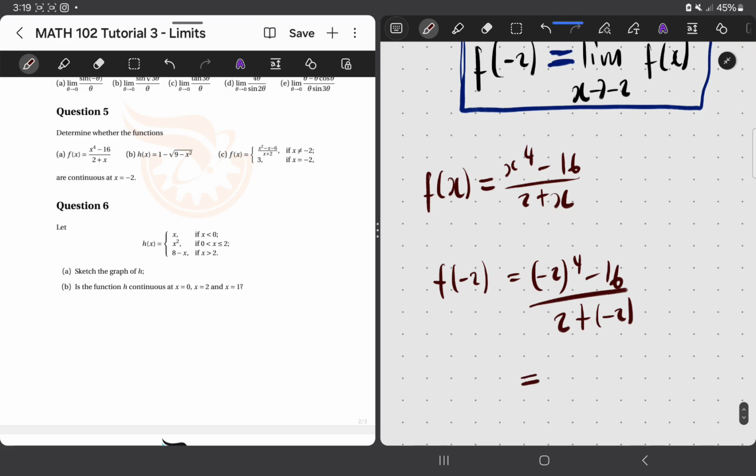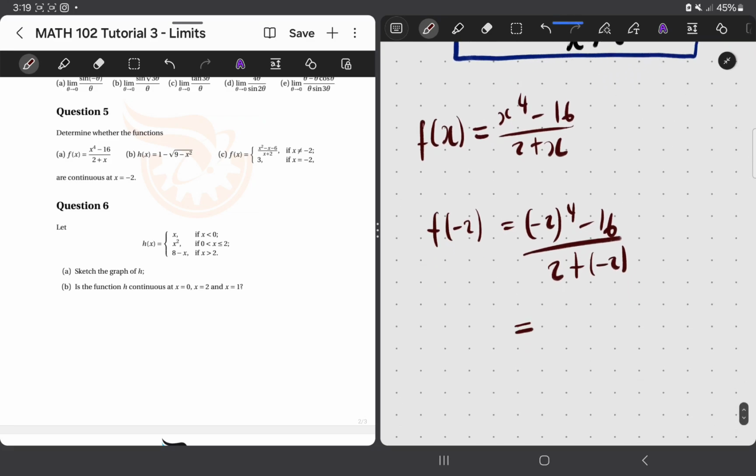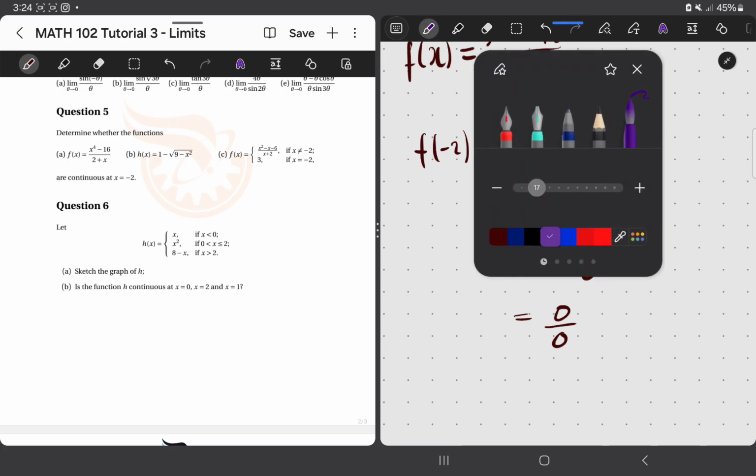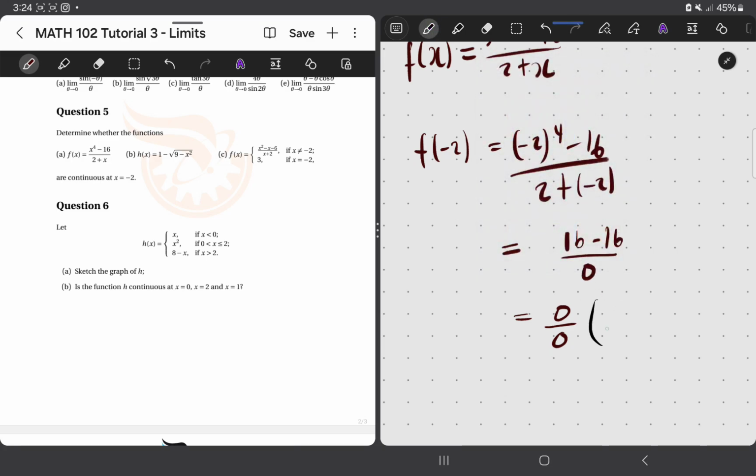We know that the bottom is going to be a 0, which is a big problem. And for courtesy's sake, -2 to the power of 4 gives you 16, and it'll be 16 minus 16, which is 0 over 0. This is a major problem, okay?